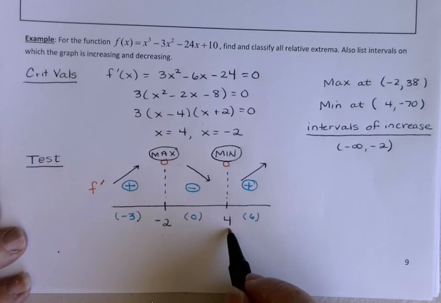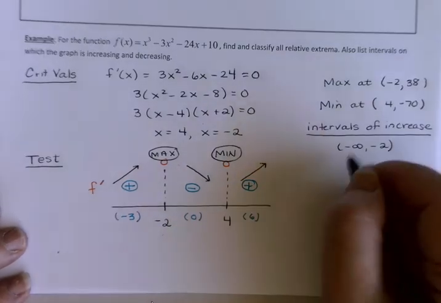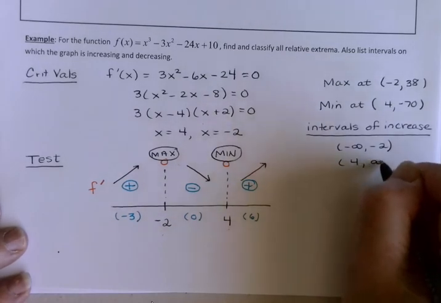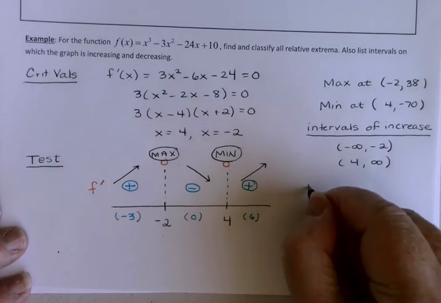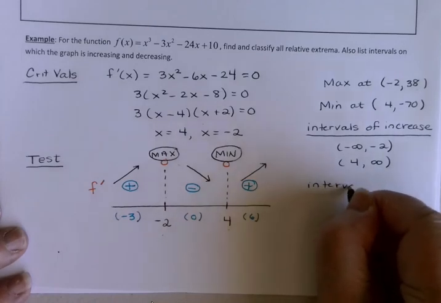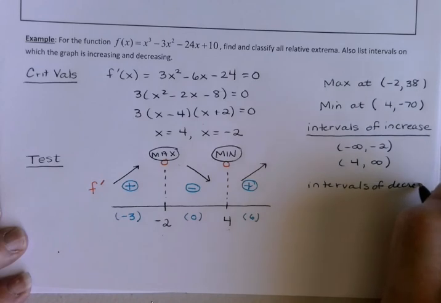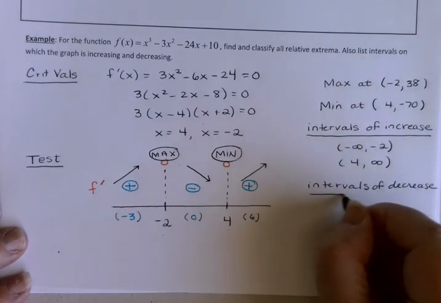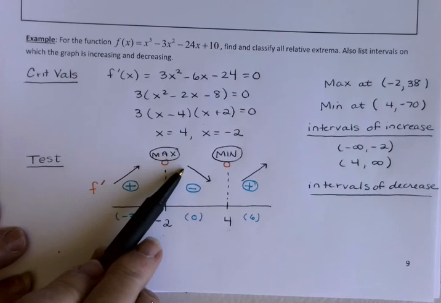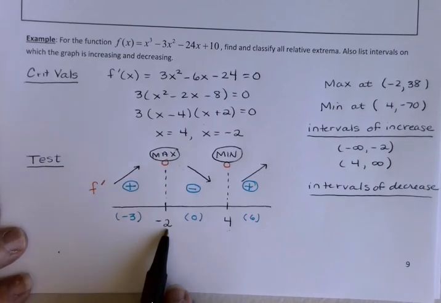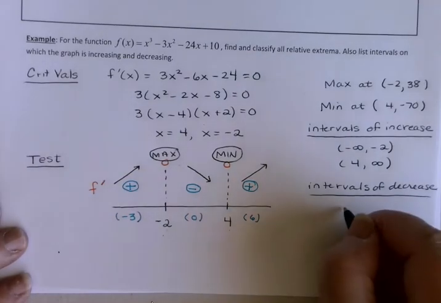And again, starting here, we're increasing from 4 to infinity. The intervals of decrease, and I think there's only one in this case, where the graph is going downhill, happen between -2 and 4.